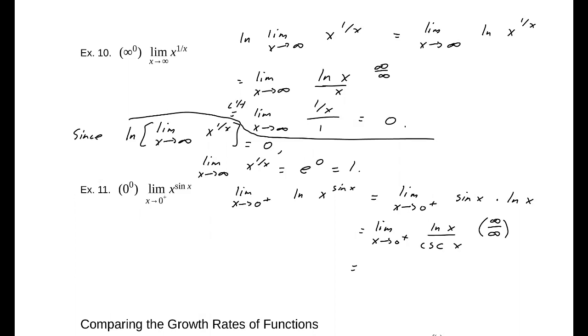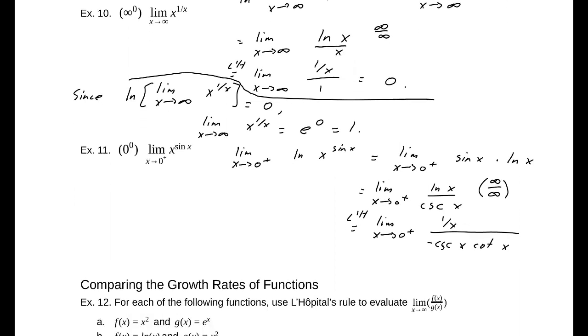Okay, now this is in the form infinity over infinity. All right, applying L'Hopital's rule here, that is the limit as x approaches 0 from the right of 1 over x over negative cosecant x cotangent x. Let's go ahead and rearrange that, to put the x in the denominator and flip the rest of this. So we'll have a negative sine x tan x.